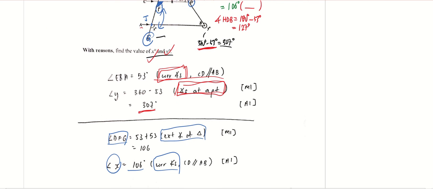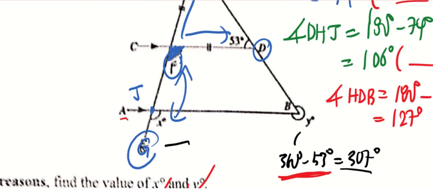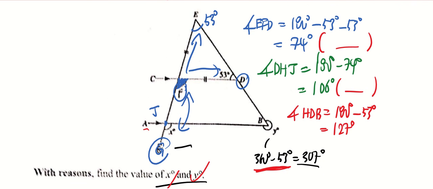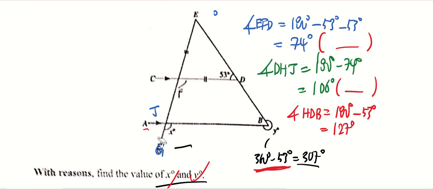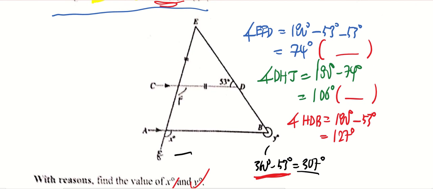So what is the trick here? What's my expert tip for you? When you come to this kind of question, first thing to do, of course, read the prompt. Know which are the straight lines, which lines are parallel. Take note of them.